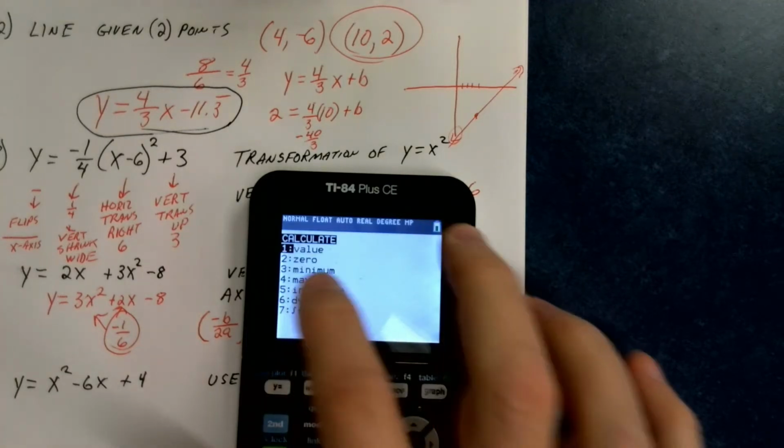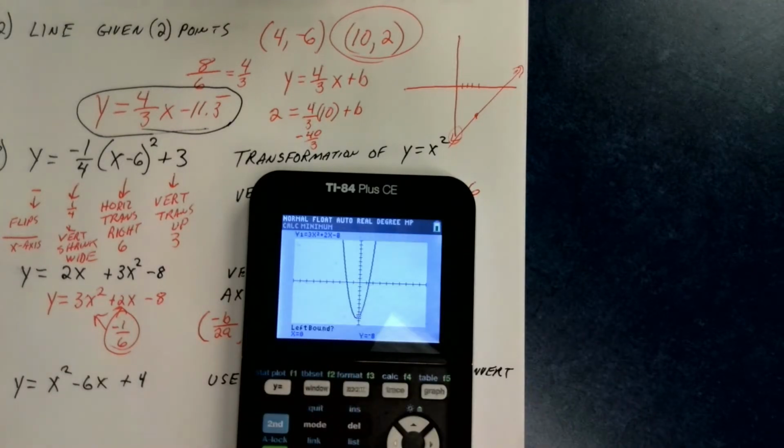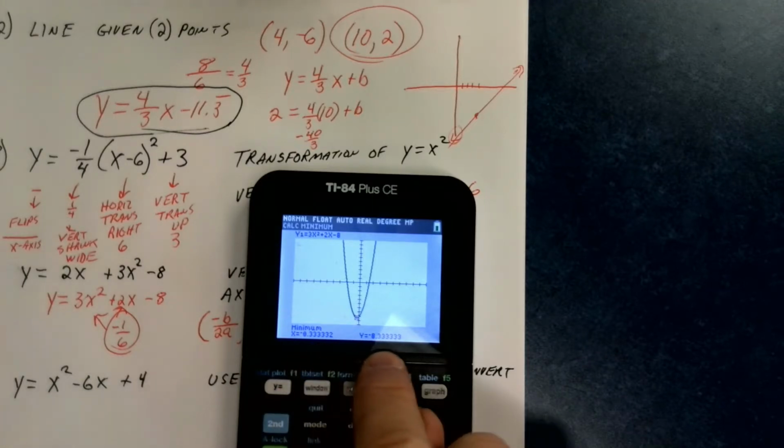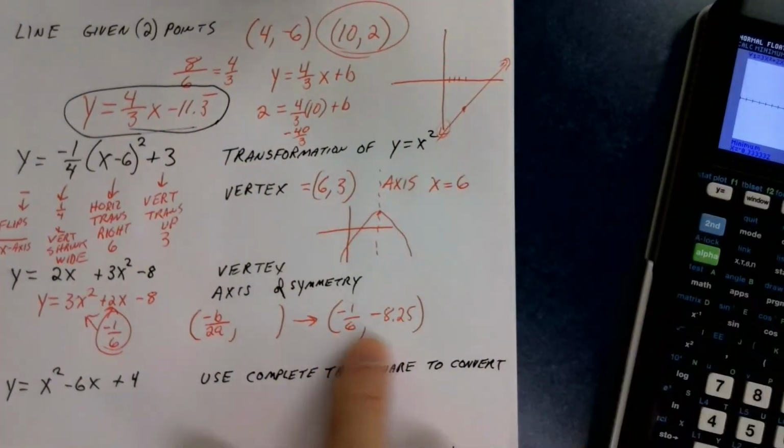Second trace, I want a minimum, number 3, negative 4 gets me on the left side of it, and positive 4 gets me on the right side of it. I hit that, and I get negative 1/3 and negative 8.3 repeating. Is that what I got? No, that's not what I got.